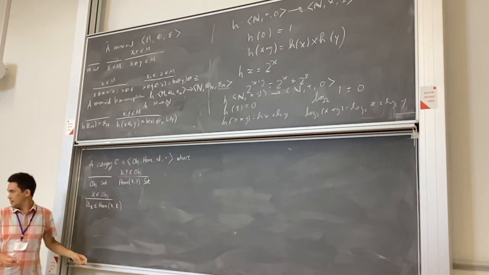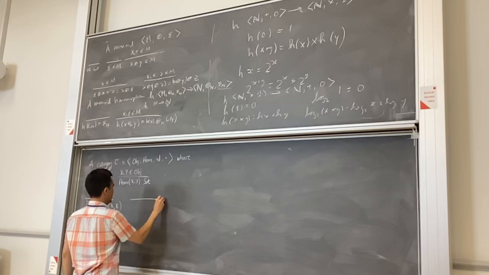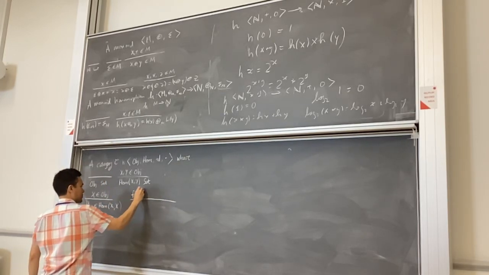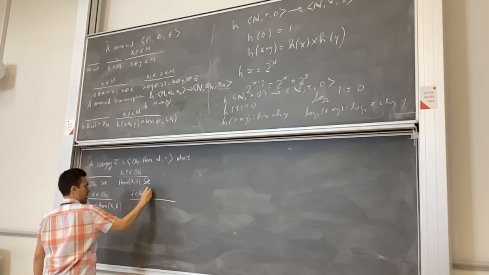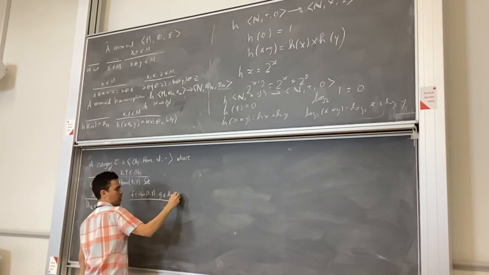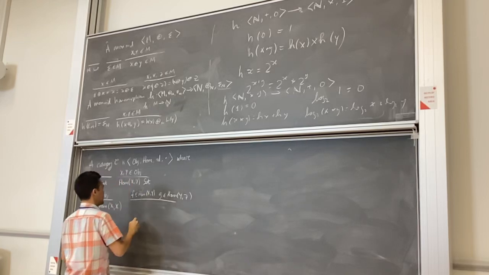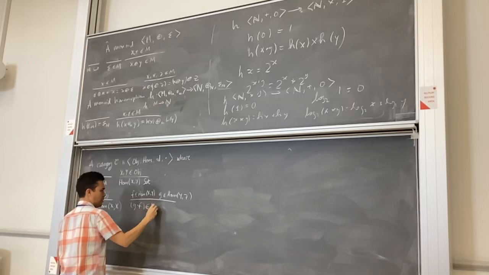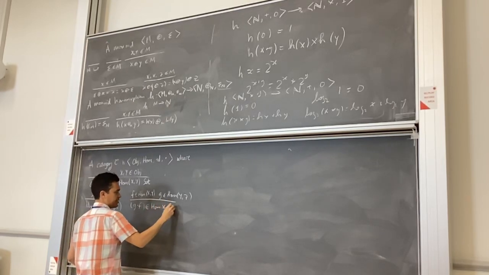The next one I need is, if f is in hom from x to y, and g is in hom from y to z, then g compose f is in hom x to z.